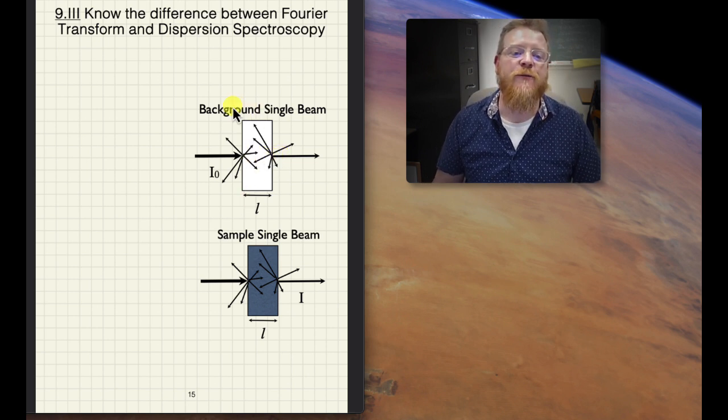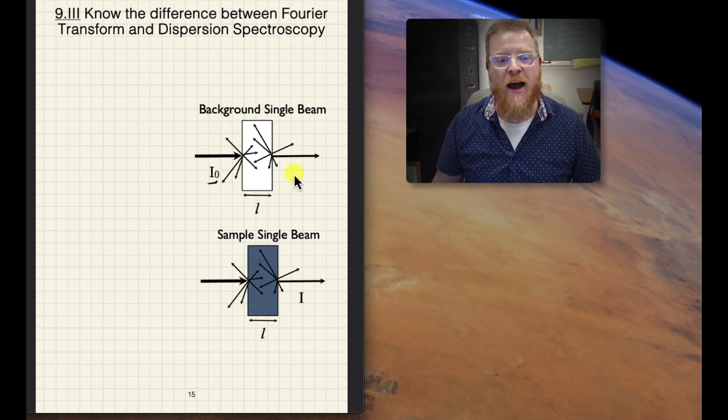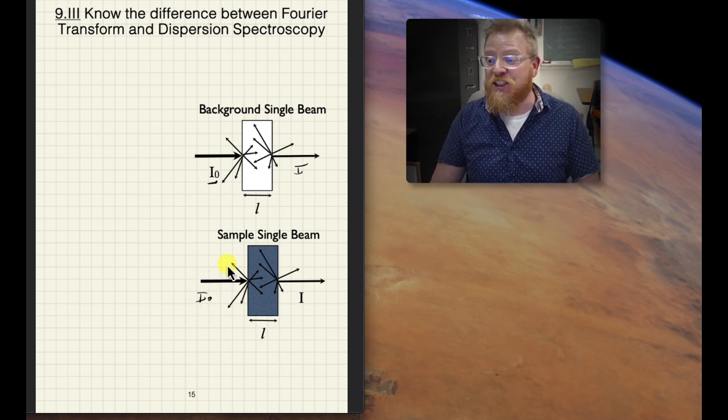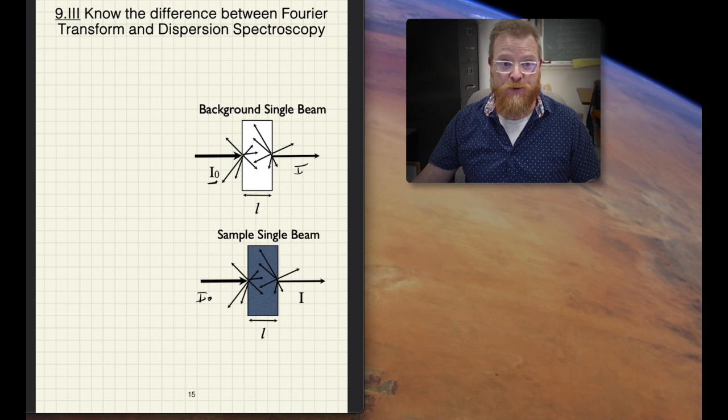So if we take first a background spectra, denoted by I naught, and of course a transmitted beam will come out of there. And then, of course, we then take a sample spectra where our I naught is still identical to our I. We will have a ratio of ratios, right?